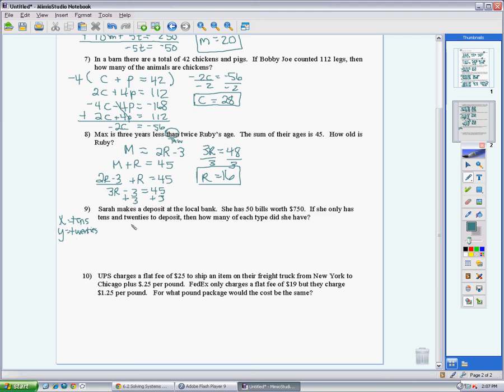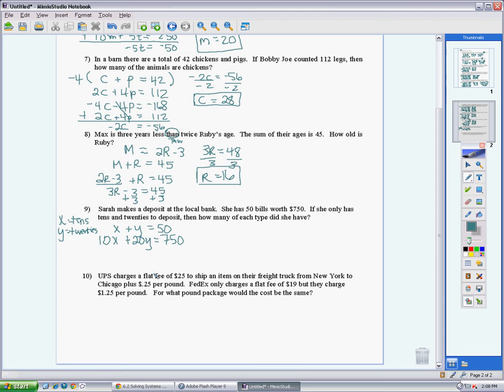Okay, so the first thing they tell us is that she has 50 bills. So we have X plus Y equals 50. So the 10s and 20s both add up to 50. Well, it's $10 for each X and $20 for each Y, and that should add up to $750.